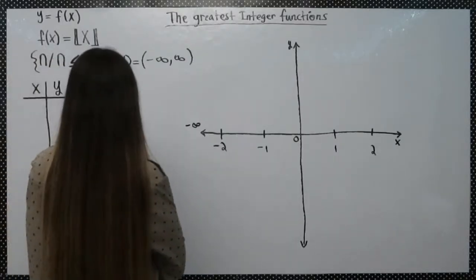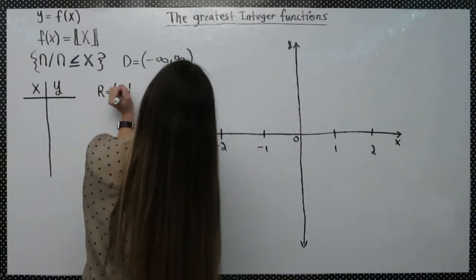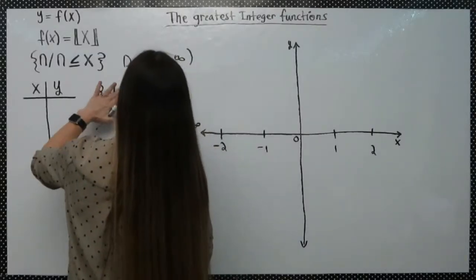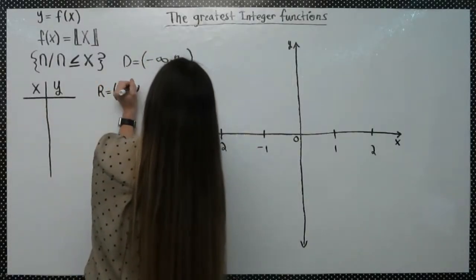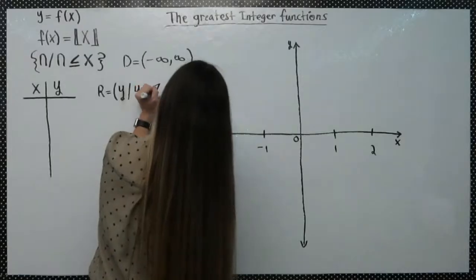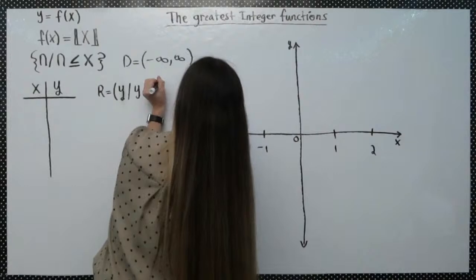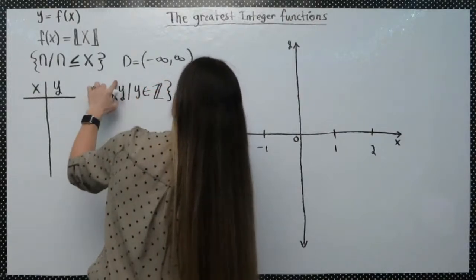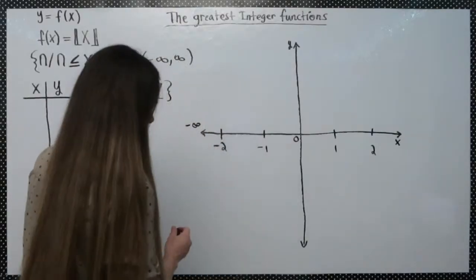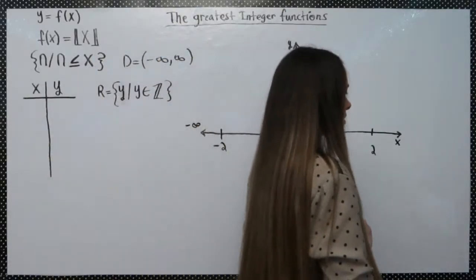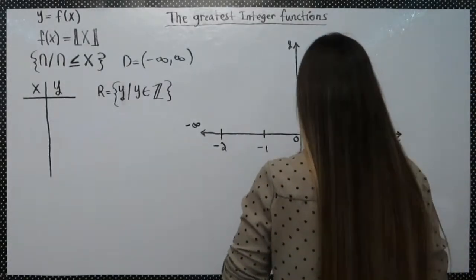Well, we could just say for all y, such that y is in Z, a scripted bolded Z, and best practice would be a curly brace. All right, so there's the official range of this function. Basically, it's only returning integer values.